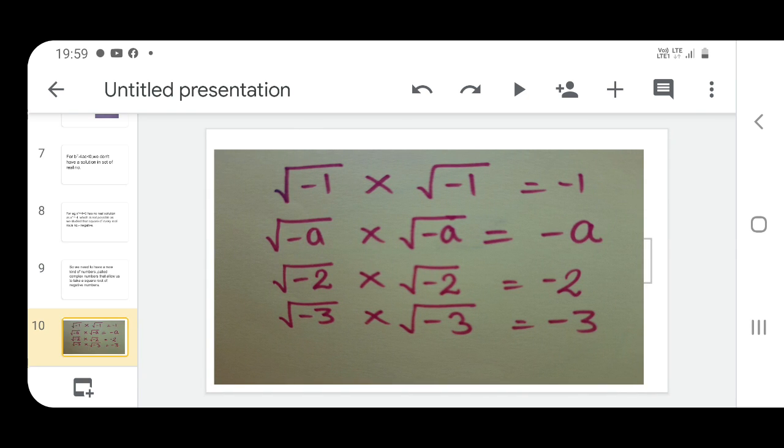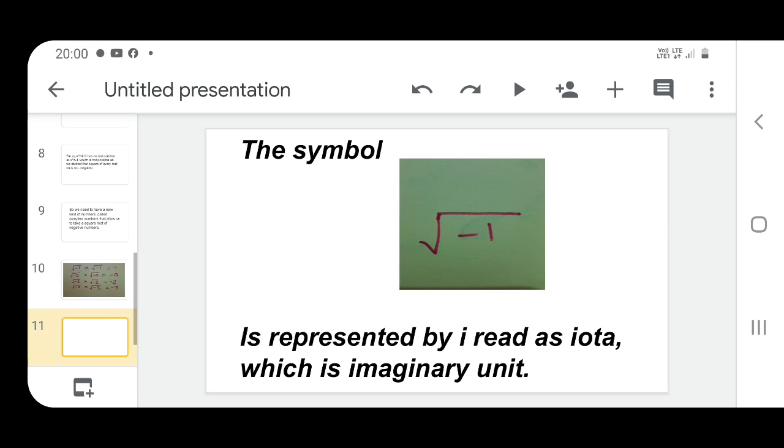In other words, the root of a negative number exists in the form of a complex number. For example, root of minus 1 into root of minus 1, you know, is equal to minus 1. Root of minus a into root of minus a equals minus a. Root of minus 2 into root of minus 2 is minus 2. Root of minus 3 into root of minus 3 is equal to minus 3.